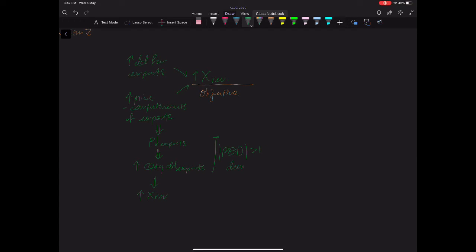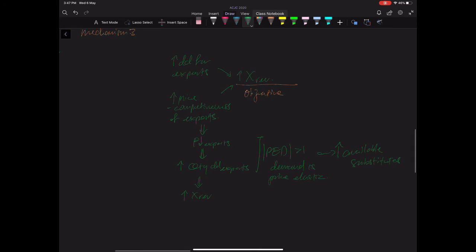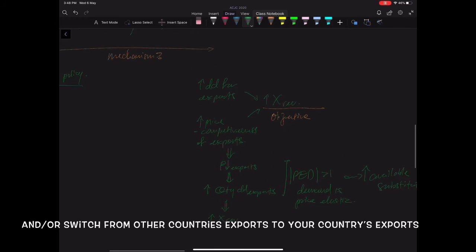In other words, your demand is price elastic. The demand for your exports is price elastic, which really suggests that there are quite a few available substitutes. Okay, there are quite a few available substitutes. And if you reduce your price, improve your price competitiveness, people would switch from buying their local products to your exports because your exports are now relatively cheaper.